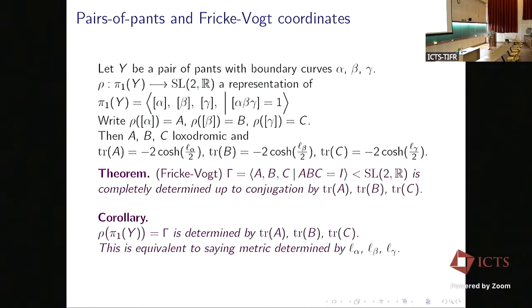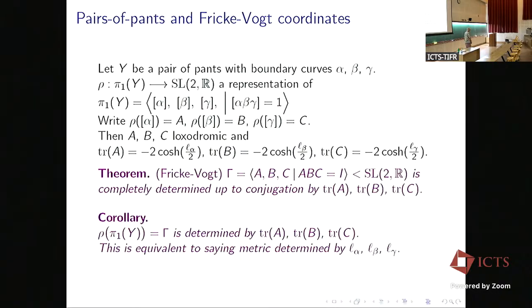Okay, so the first step is, well, I've got a representation of my group, which you can think of as a free group on 2 generators if you want. And there's a theorem of Fricke and Vogt, which I think is from about 1880 or so.